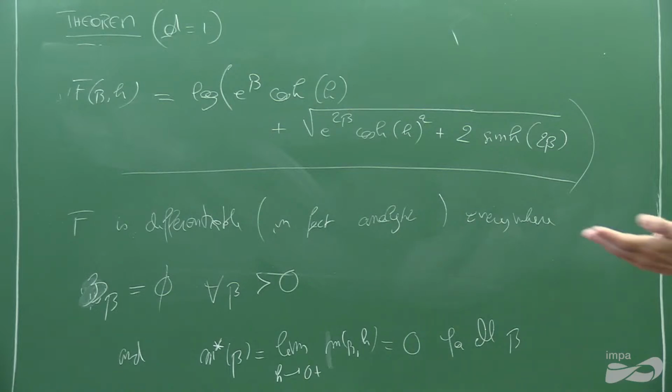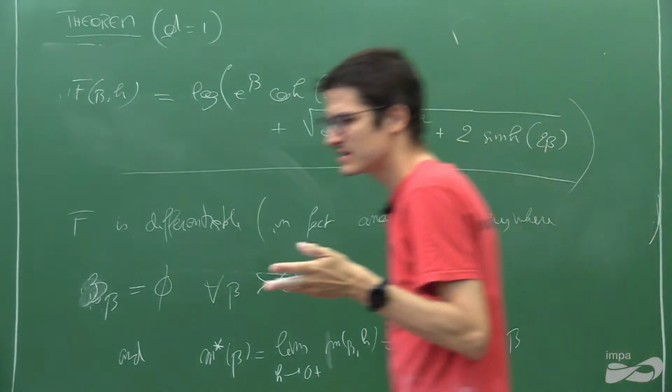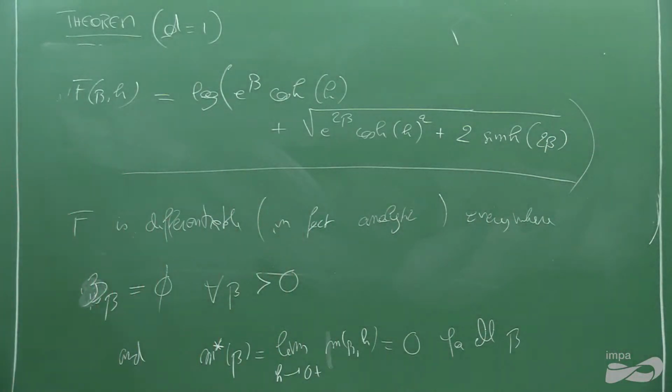So for the story, the Ising model was not really introduced by Ising. It was proposed to him as a PhD subject by his director, Lenz. I don't remember his first name.